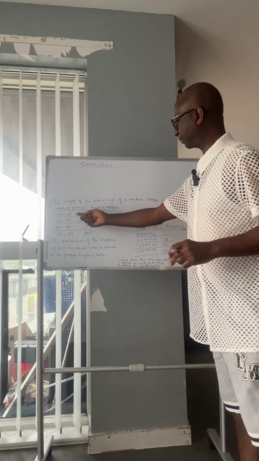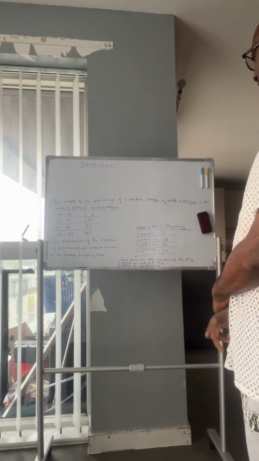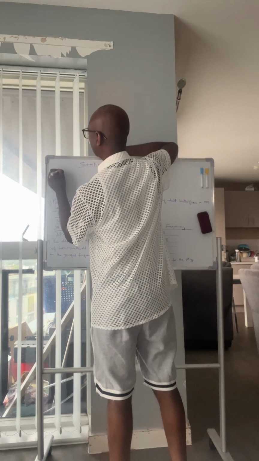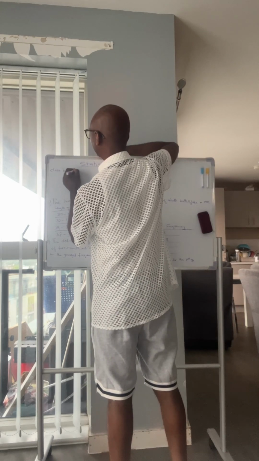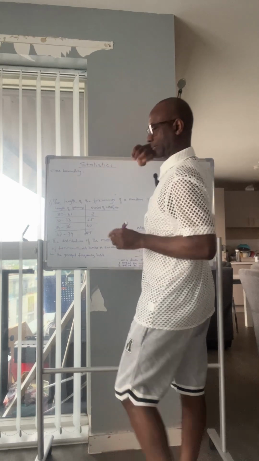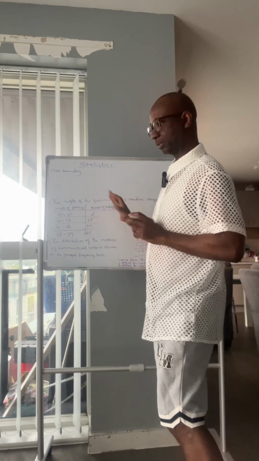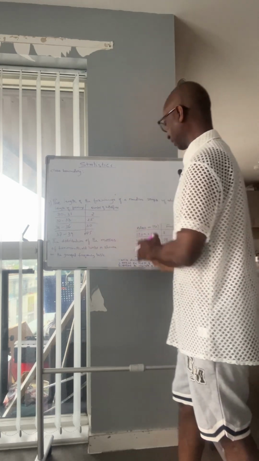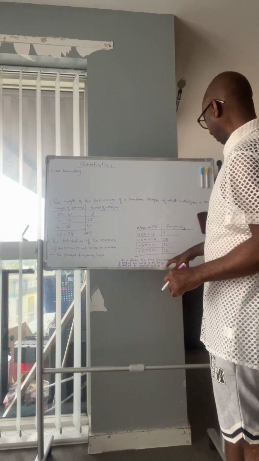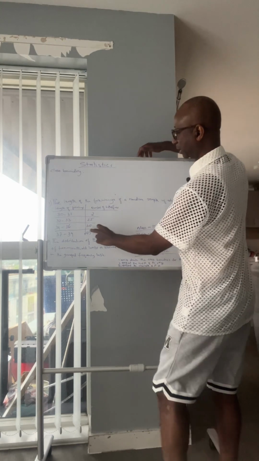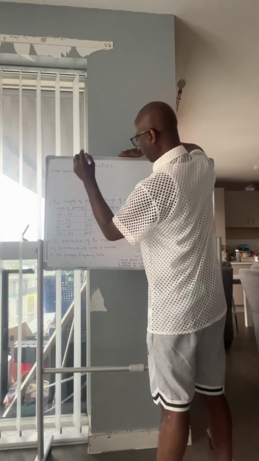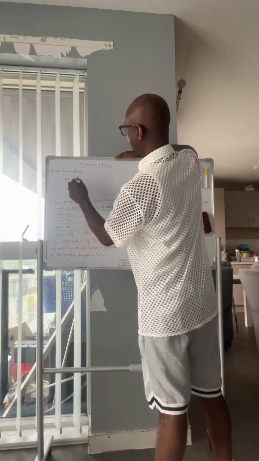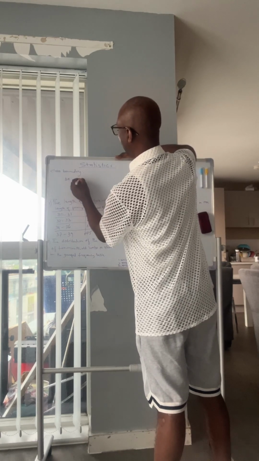So let's calculate the class boundary of this one. This is a class: 30 to 31 is one class, 32 to 33 is another class, 34 to 36 is another class. So they ask us to calculate the class boundaries for the 3rd group. The 3rd group says 34 to 36.